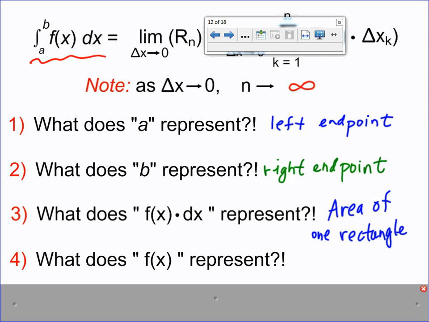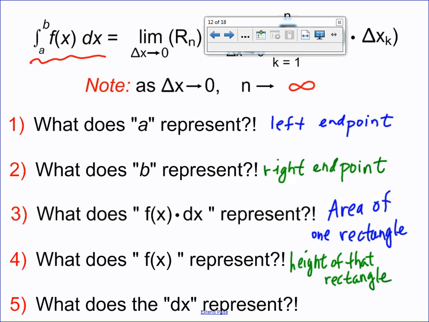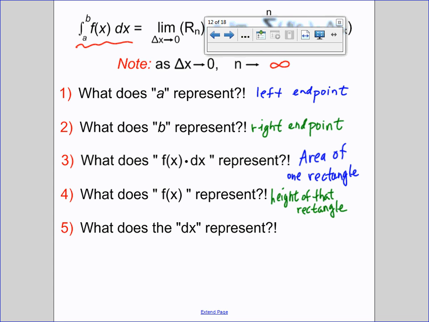Its height is given by f of x, the value of the function. So this is still the height of that rectangle, and the dx is my infinitely thin width of that one rectangle.